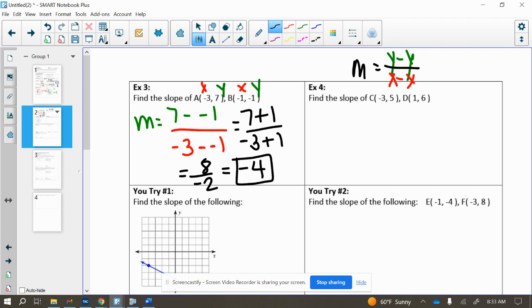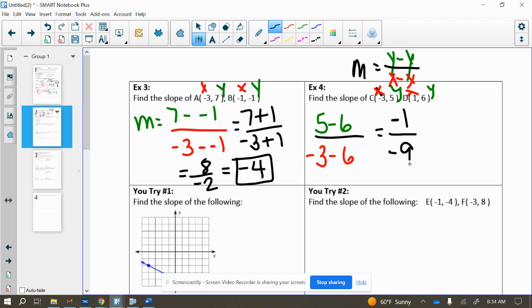Our next one, again, change in y over change in x. So we have x and x, y and y. So we do 5 minus 6 over our x values, negative 3 minus 6. So 5 minus 6 is negative 1.